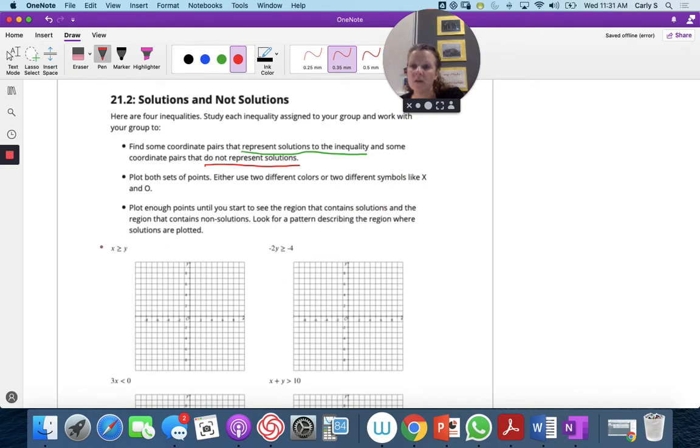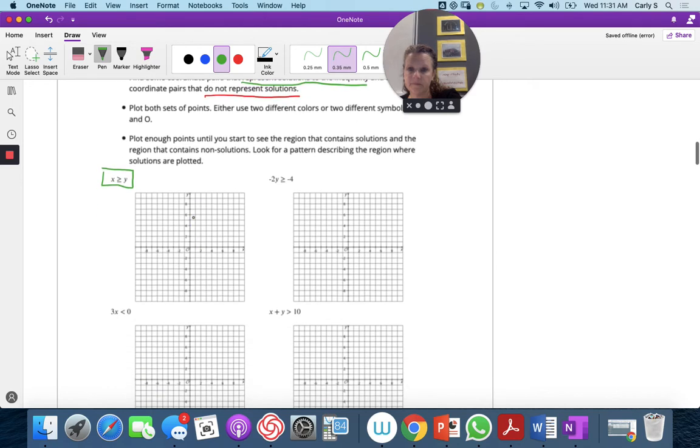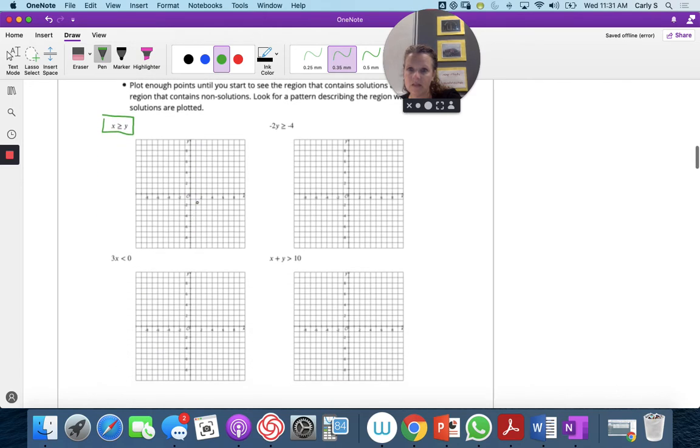All right, so we're going to take this first one and we're going to find some ordered pairs that make this inequality true. x is greater than or equal to y. So let's do this. 1, 1. Is 1 greater than or equal to 1? Yes.